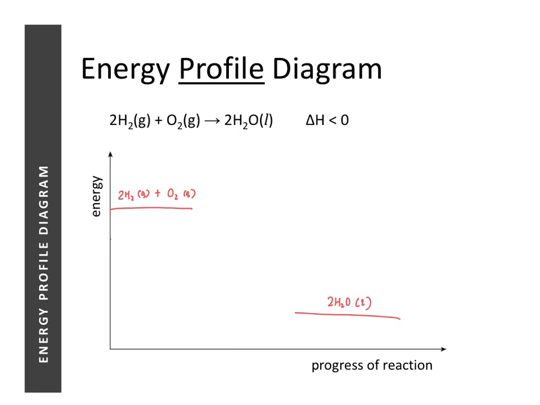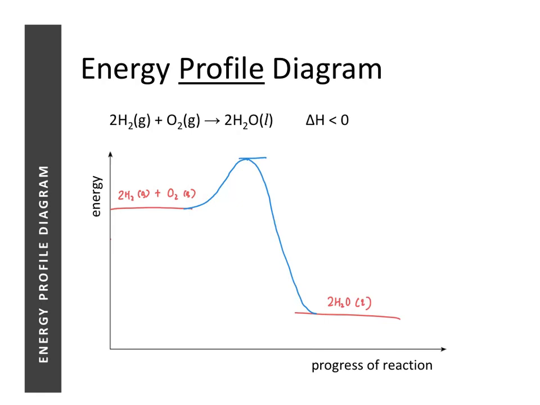As mentioned before, for hydrogen and oxygen to become water, we must first break the bonds in your reactants, and bond breaking is endothermic. So somewhere in the middle, you would expect the energy to increase. After the bonds are broken, they will form new bonds to become the product, and bond forming is exothermic, so you expect the energy to decrease. So this is how an energy profile diagram looks like.